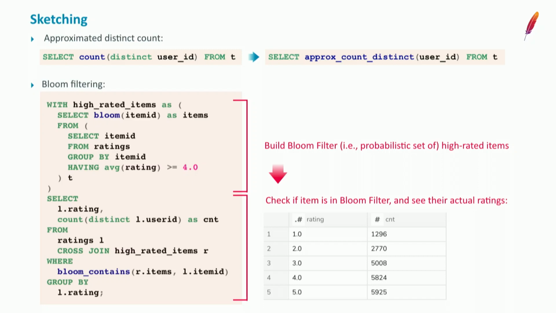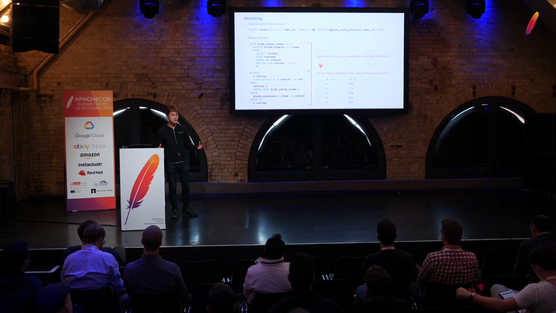But there is an approximated function called approx count distinct. It internally takes a slightly different approach to approximately calculate the number of distinct items from the target column. And eventually, your query runs much faster.